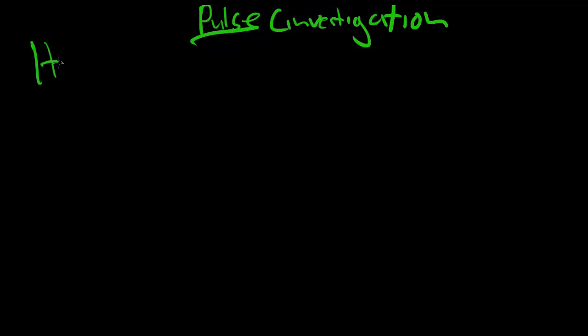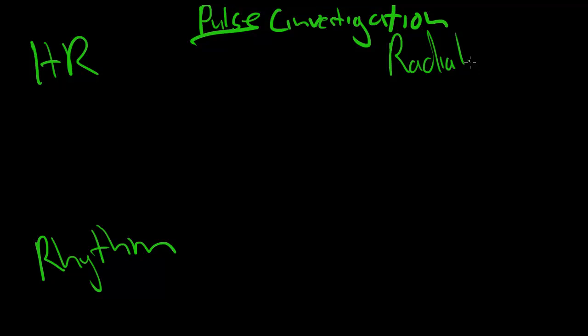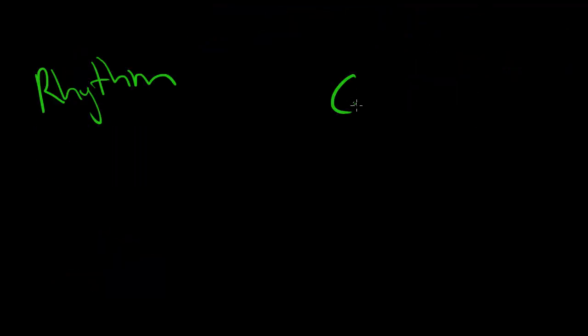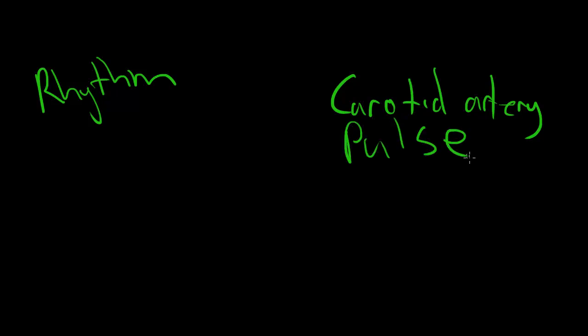Well, you measure heart rate, rhythm, radial-femoral delay, your carotid artery pulse, your jugular venous pulse, your JVP, or jugular venous pressure I should say.